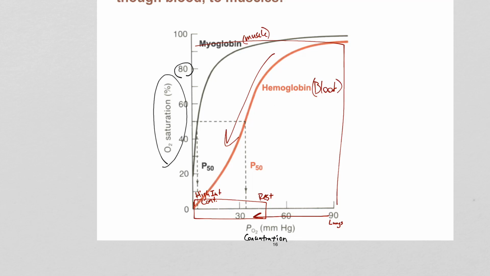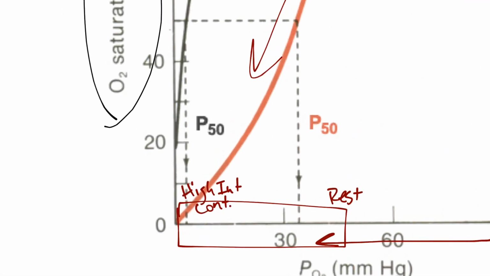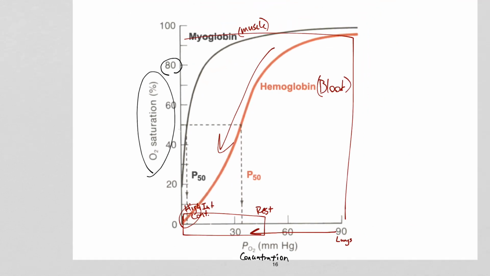The problem you run into is if the contraction gets hard enough that PO2 in the muscle is getting close to 0, you're running short on oxygen. That's where myoglobin comes in, which is your backup. Myoglobin lives within muscle fibers and is holding on to oxygen essentially as just a backup, sort of last resort.